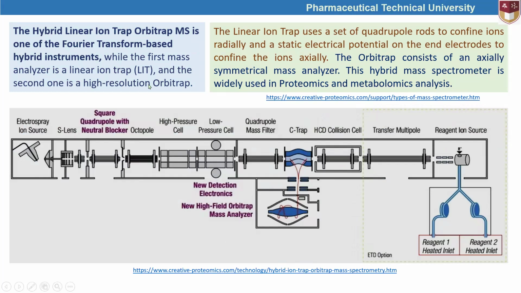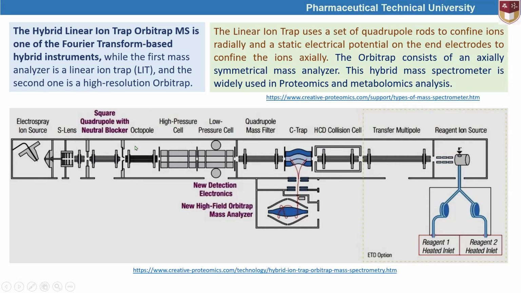Okay, next. Another one is the hybrid linear ion trap orbitrap mass spectrometer. It's one of the Fourier transform-based hybrid instruments, where the first mass analyzer is a linear ion trap, and the second one is a high resolution orbitrap.